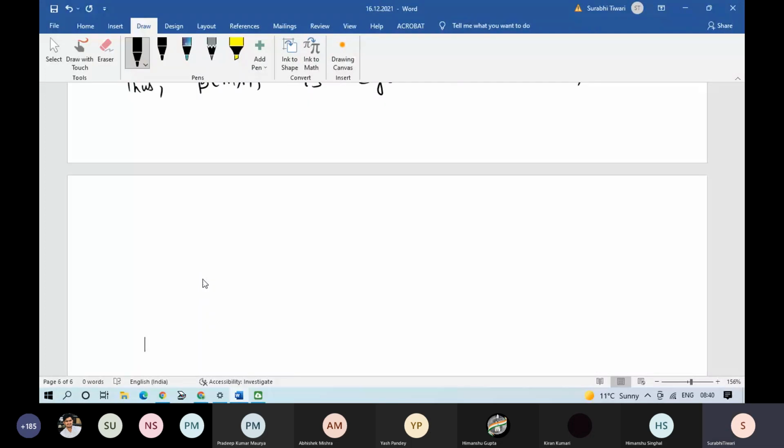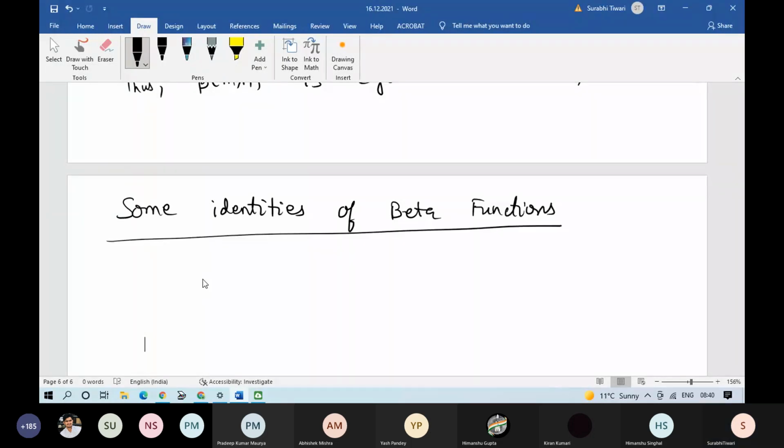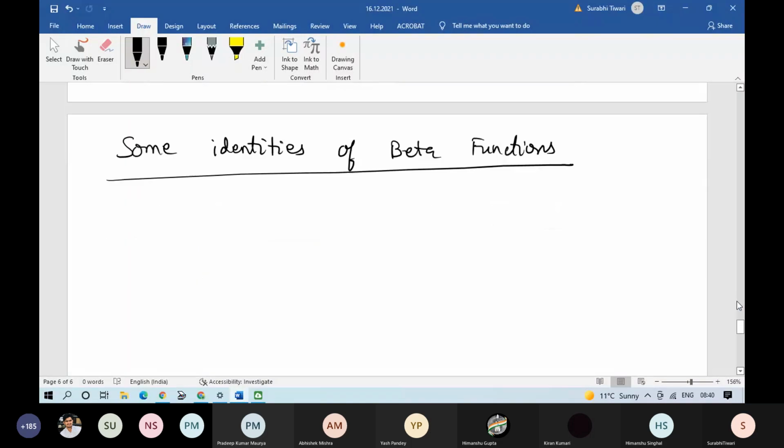Now coming to some identities of beta functions. First is beta mn is equal to beta nm. Both are equal.